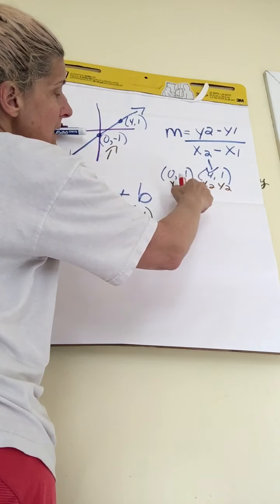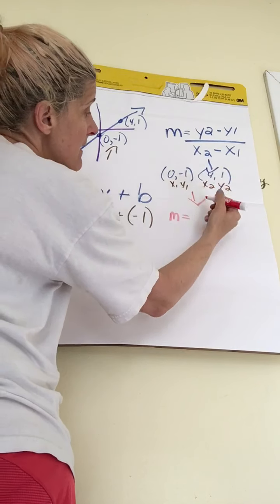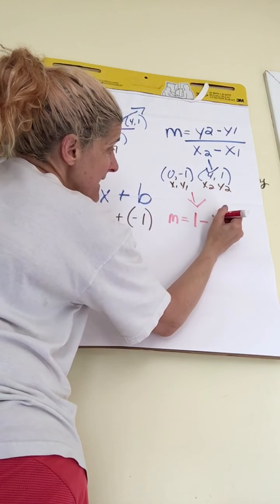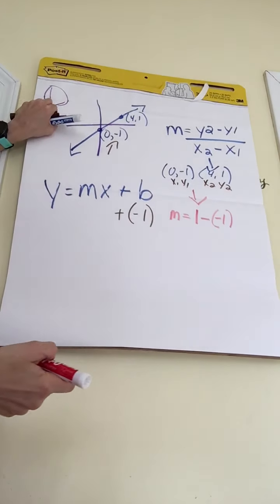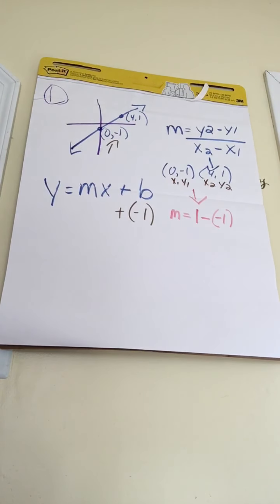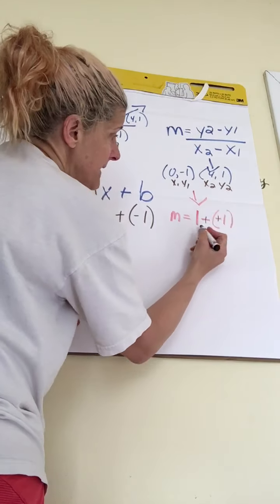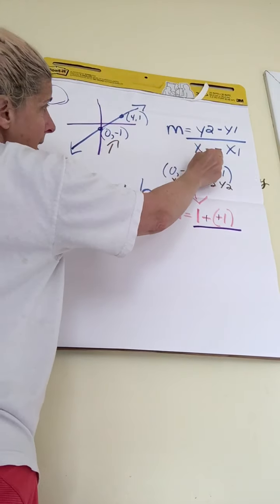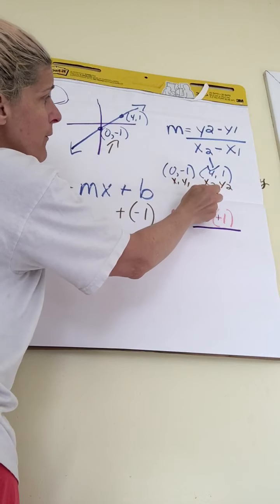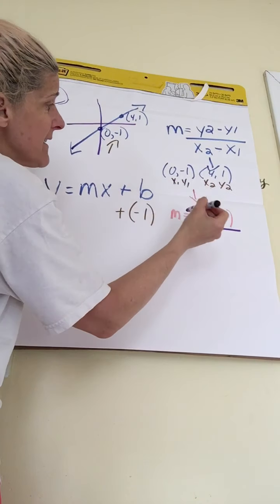So 1 minus negative 1. Look, two negatives. Two negatives make a what? Positive. Bam, bam. I'm going to take care of that already. And then x2 minus x1. So 4 minus 0.